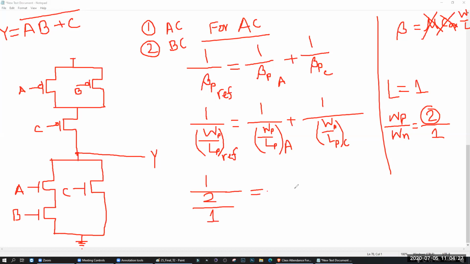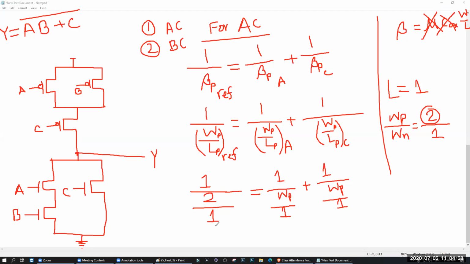Equal to 1. This one I do not know, but I know these. This is 1. This is for A, this is for C. Now here, which one is unknown? WPs are unknown, right?